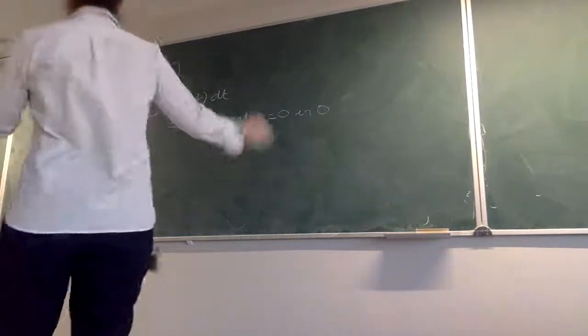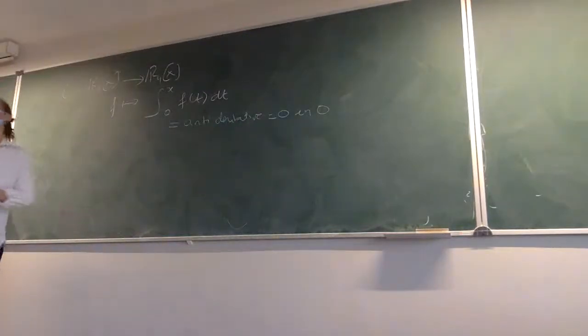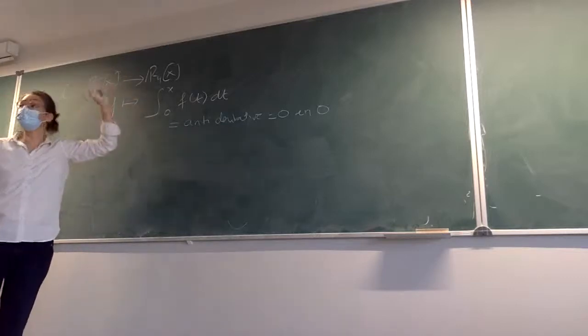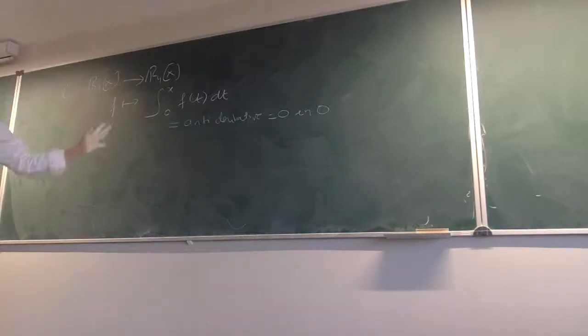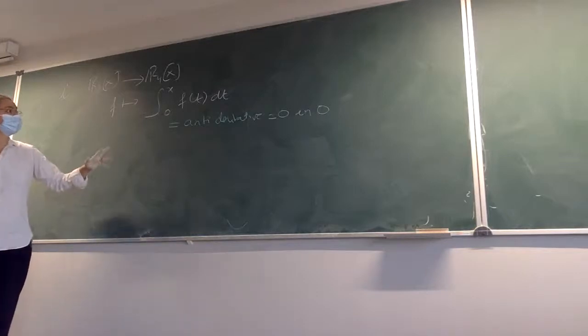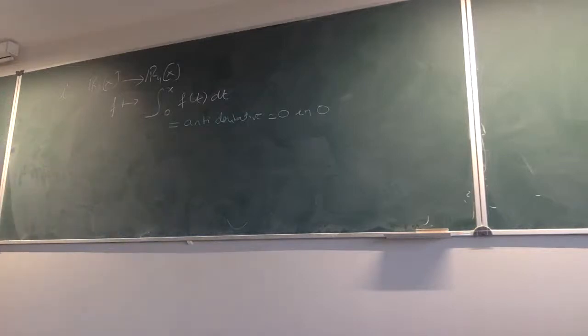Okay, but now the question is, what is the kernel, image, and so on? Again, many ways to do it. As we are working with polynomials, we can work either on the matrix representation or on the map itself without matrix representation.